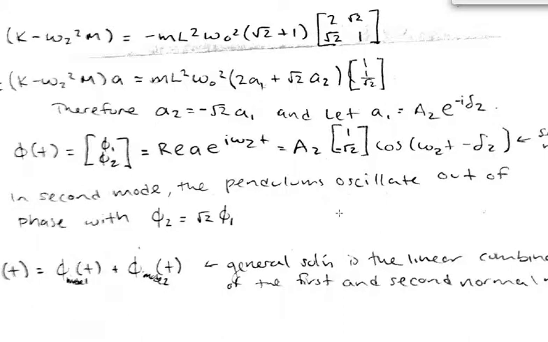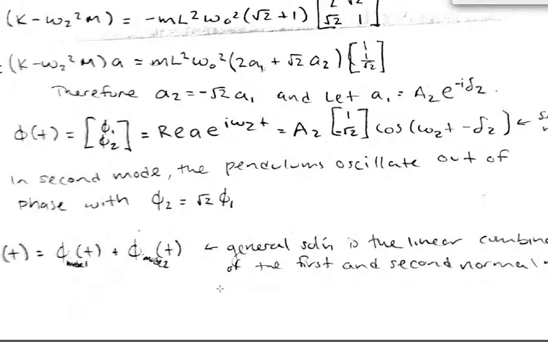So in the second mode the pendulums oscillate completely out of phase, and phi2 is again radical 2 times phi1 in amplitude. So then the general solution is just the linear combination of the first and second normal modes.